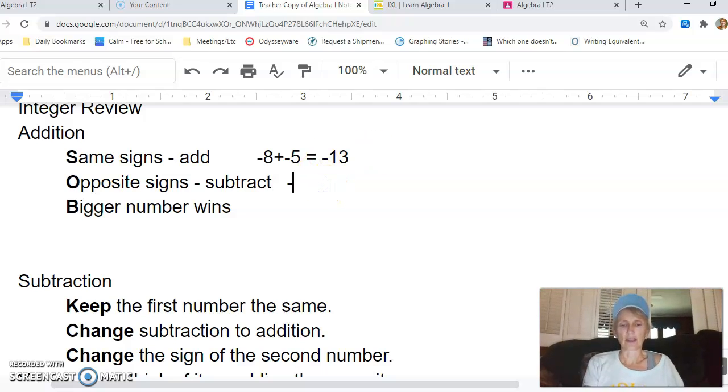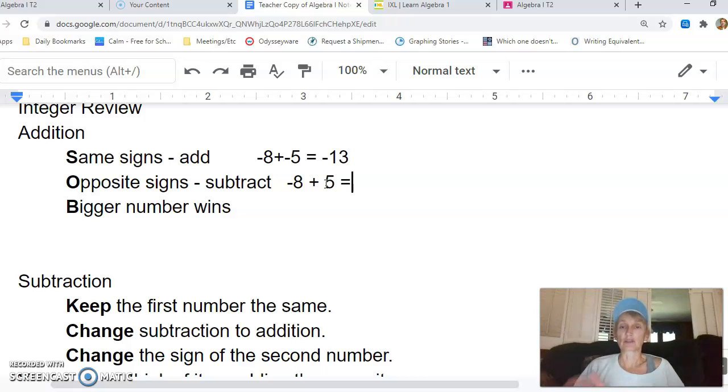So if I said negative 8 plus 5, so I lost $8, but then I won $5. Well, they're opposite signs, so I'm actually going to subtract the two numbers. So 8 take away 5 is 3, but the bigger sign wins. I lost more than I won, so negative 3.